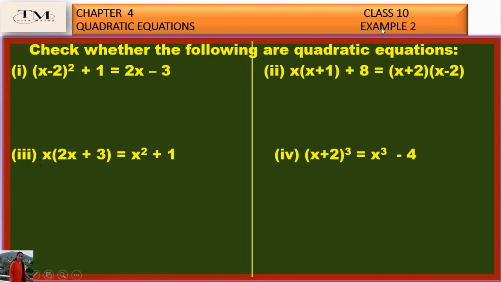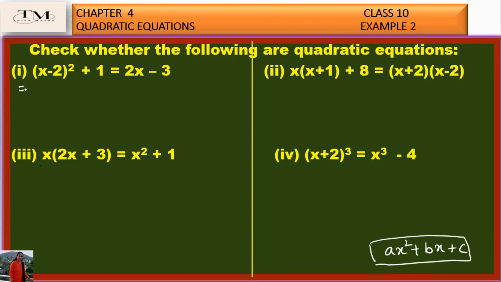Example 2. Check whether the following are quadratic equations. We have to simplify this and frame it into one equation and check whether it is quadratic. The quadratic general form is ax square plus bx plus c. So we have to compare the equation with this and check.